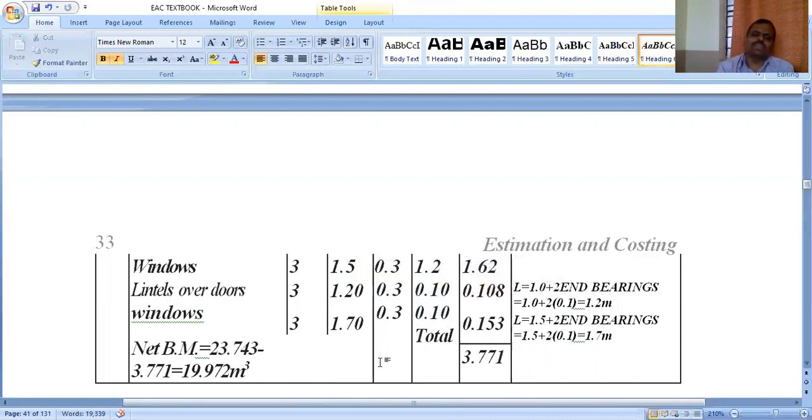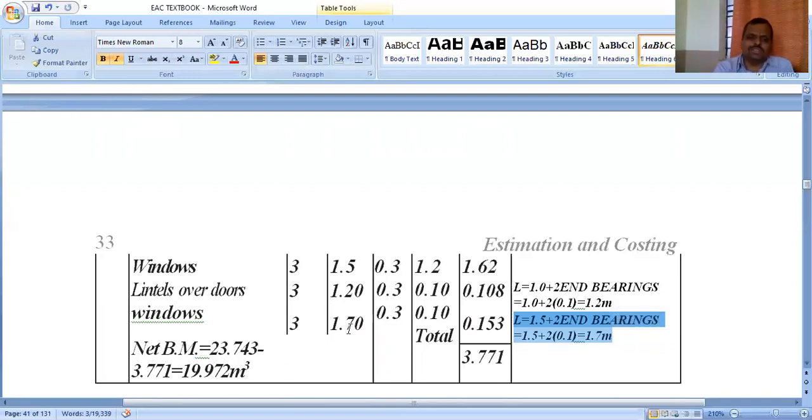In the same way, we have to calculate the quantity of lintel over the windows. How many windows are there again? There are three windows and the length of the window is 1.5 meter. In these calculations, highlighted with the cursor, 1.5 meter plus 2 end bearings of 0.1 meter gives the total length as 1.7 meter.